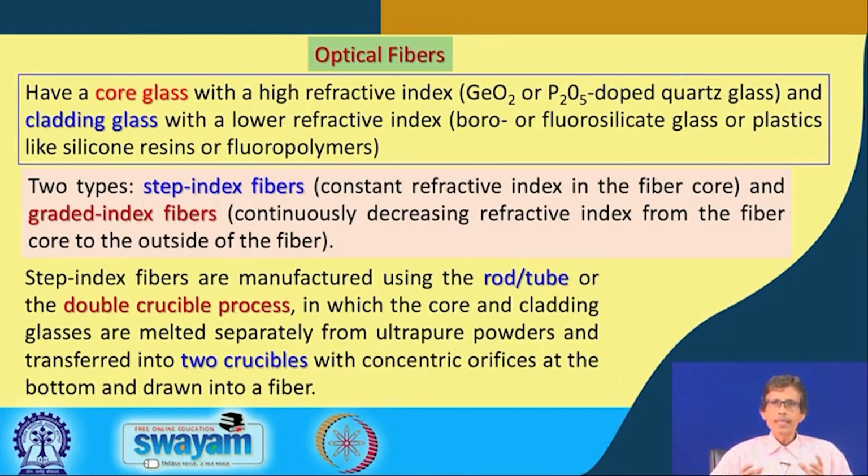But the thing is that in the molten condition, because you can put the temperature high for those crucibles, so the material within this crucible will be in the molten condition, and once you allow it to pass through some orifice, so you can have the concentric orifice, through one will go that particular core glass material, and on the outside will allow to pass the corresponding cladding glass material.